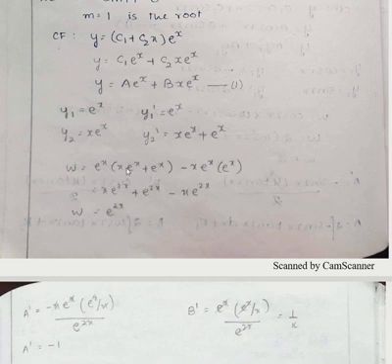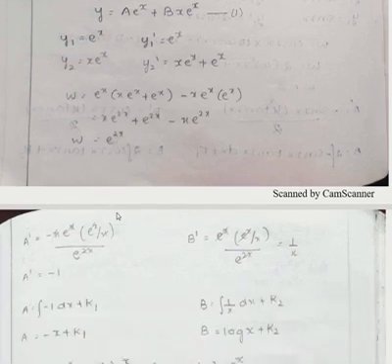Therefore x e^(2x) + e^(2x) − x e^(2x). The x e^(2x) terms get cancelled. The remaining term is e^(2x).